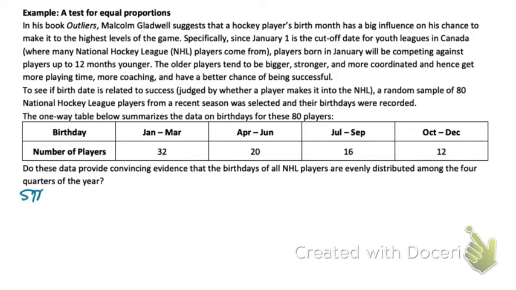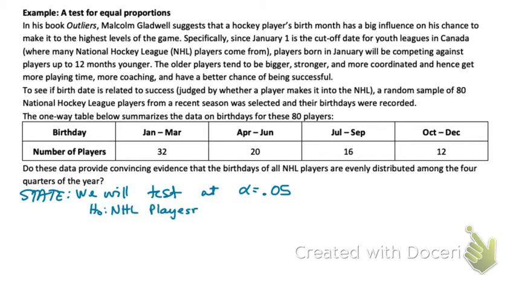So here we go. State. We will test at alpha equals 0.05. And our null hypothesis is going to be that NHL players' birthdays are evenly distributed.